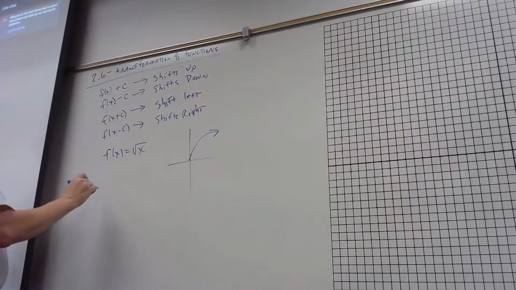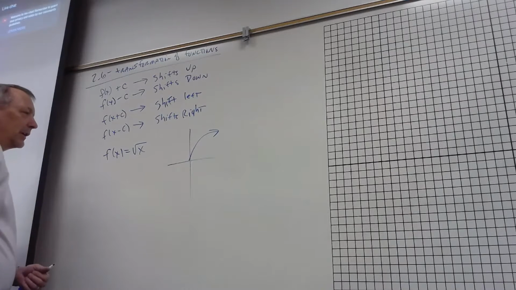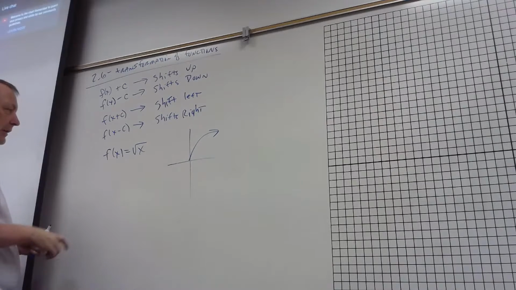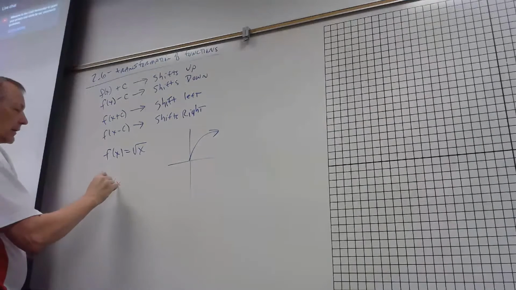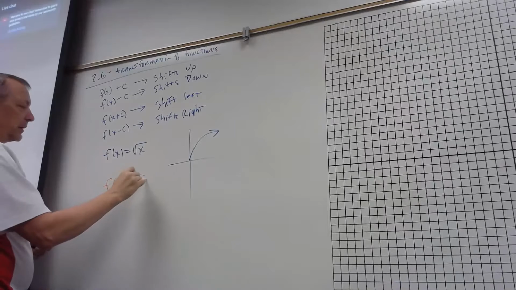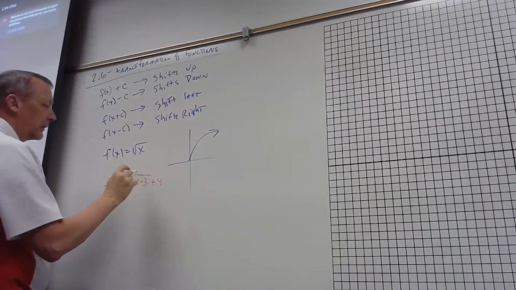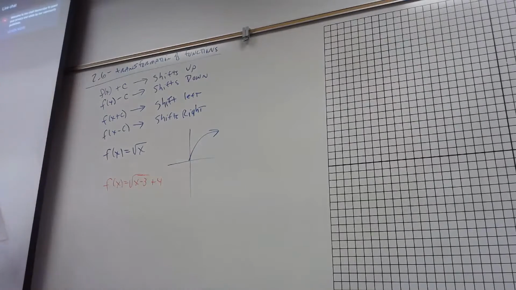What if I said I want to do the same thing? Here, I'll pick a different color, such as red. f of x equals the square root of x minus 3 plus 4. How does that shift? Danae, you can tag Mary if you need help.